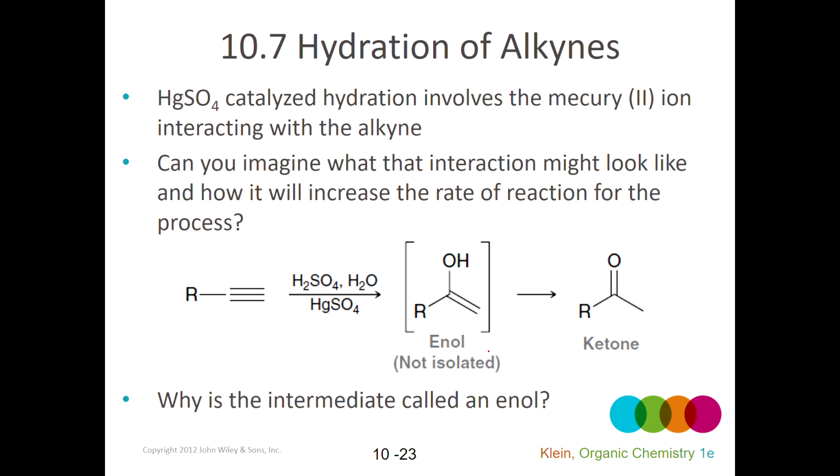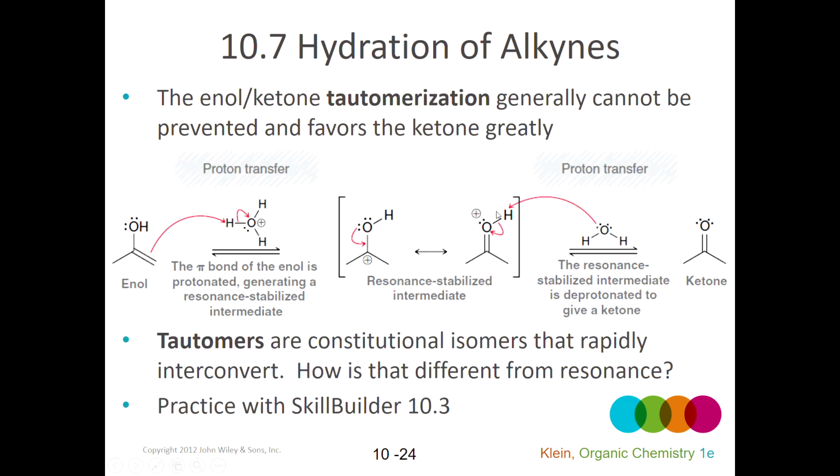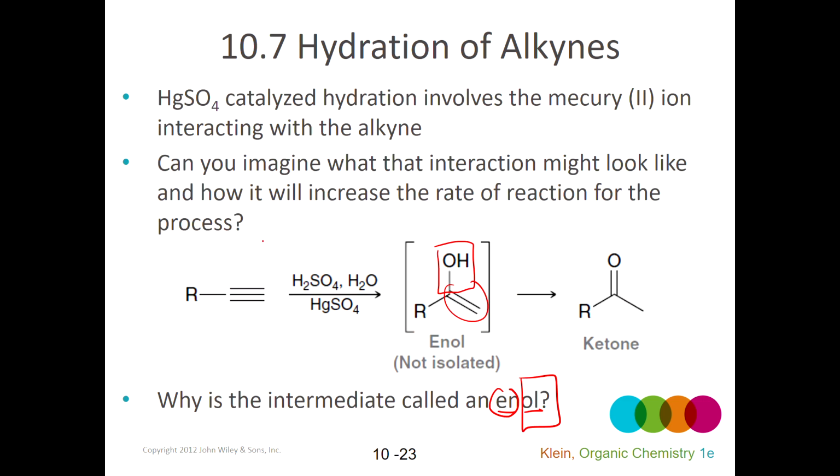So we talked about the reason it's called enol. It has an alkene and it has an alcohol directly connected. So what happens here is the reaction has H3O+ generated by sulfuric acid reacting with water.